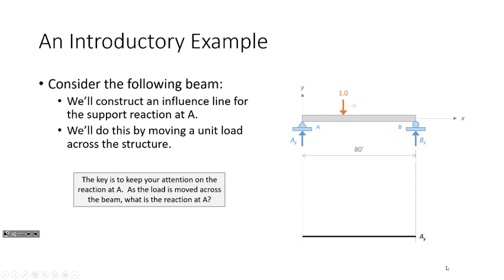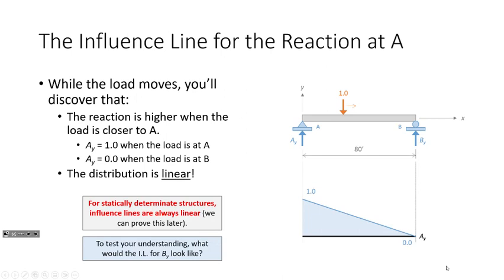What is the reaction at A if the load is right here? 0. What about right here? What if I take the load and put it right over A? What is the reaction at A? 1. That is the influence line for the reaction at A.